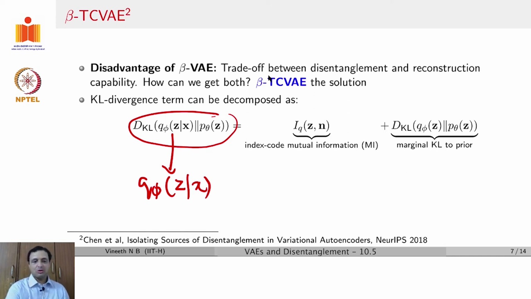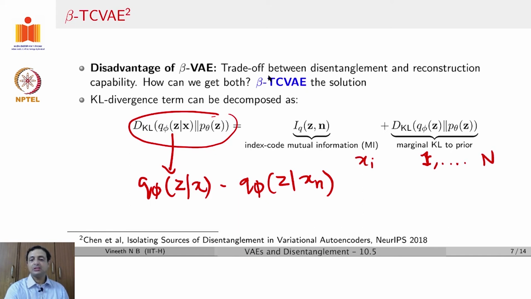Now this could also be written as q phi of z given a particular data point xn. Now assume that you have a set of data points going from 1 to capital N, and each xi is one data point where i comes from 1 to N. That's the xi that we are talking about, each of the data points. This is just an expansion of writing the approximate posterior.